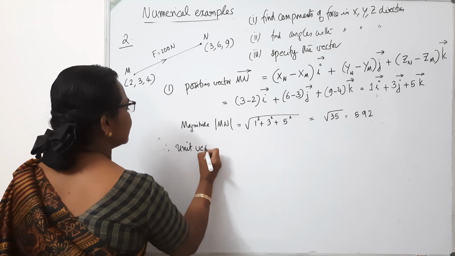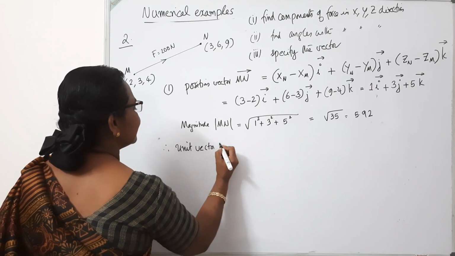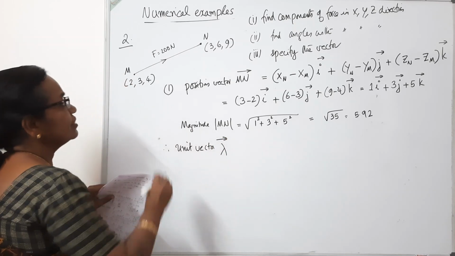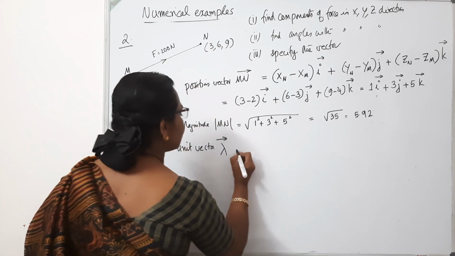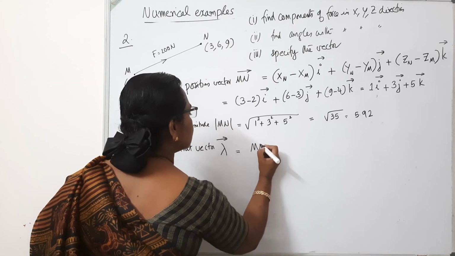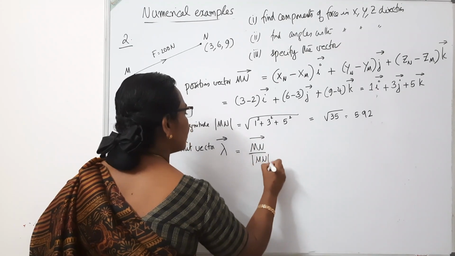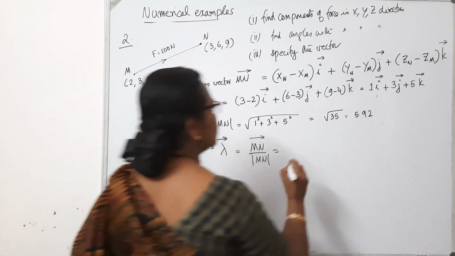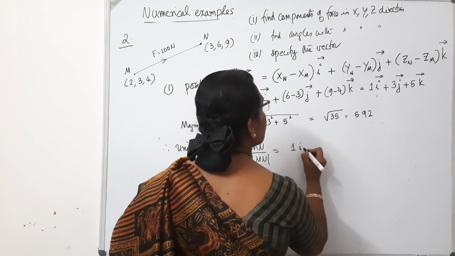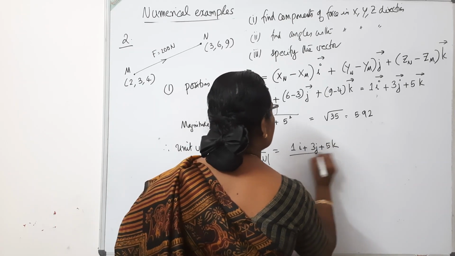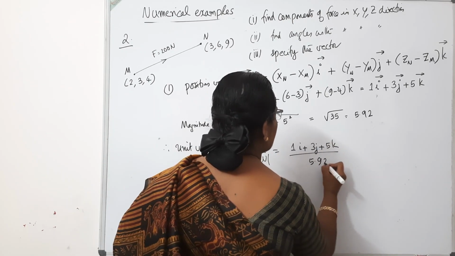Therefore, the unit vector in this direction, unit vector lambda, is equal to the vector MN divided by the magnitude of MN. So that is equal to 1i plus 3j plus 5k divided by 5.92.